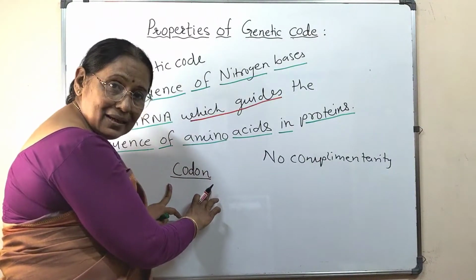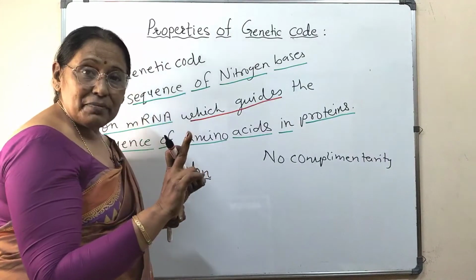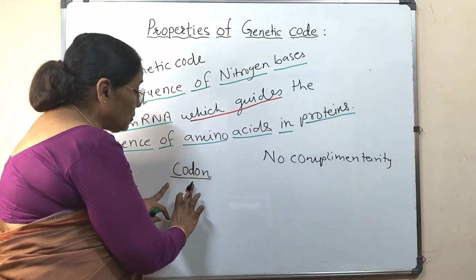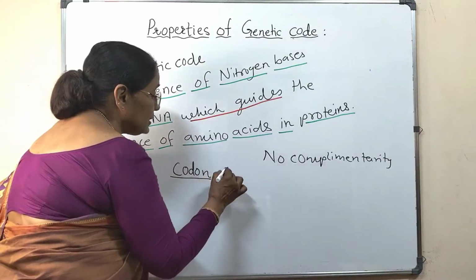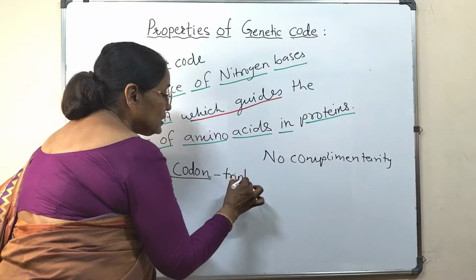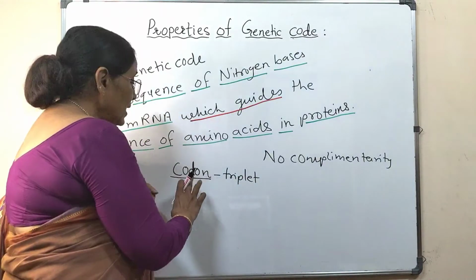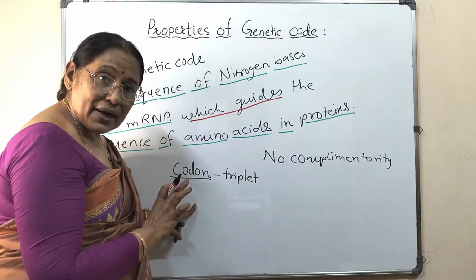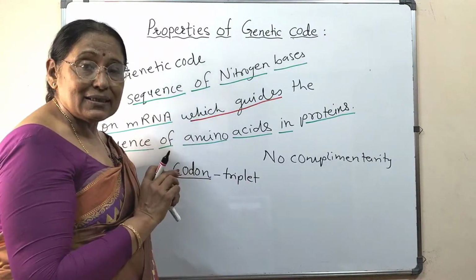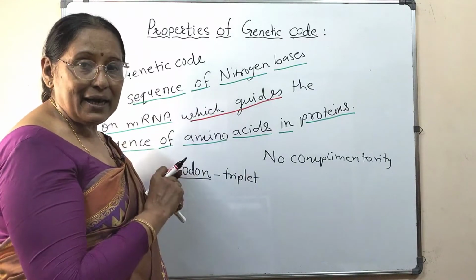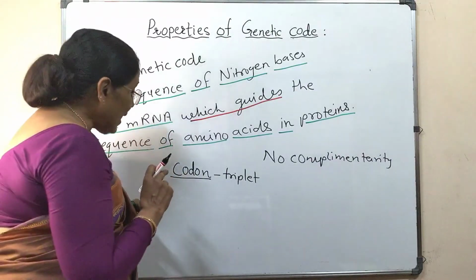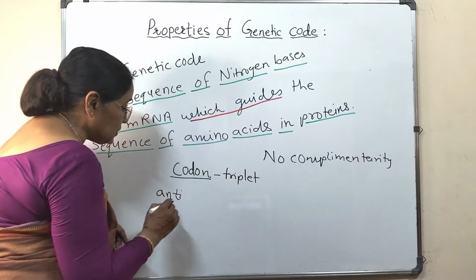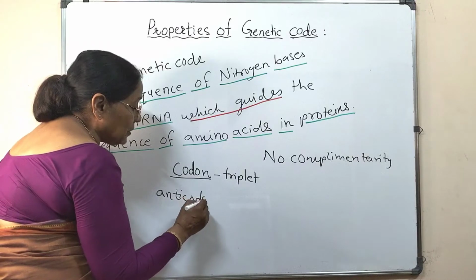This codon is a triplet codon, and for it, the complementary bases are present in that coordinator molecule, the tRNA, and these complementary nitrogen bases are called the anticodon.